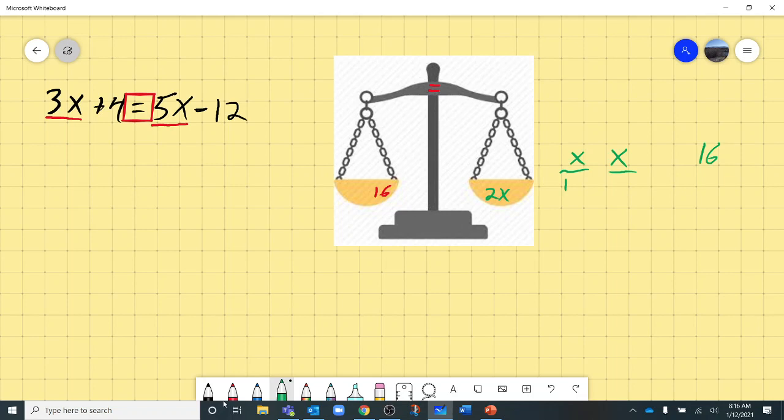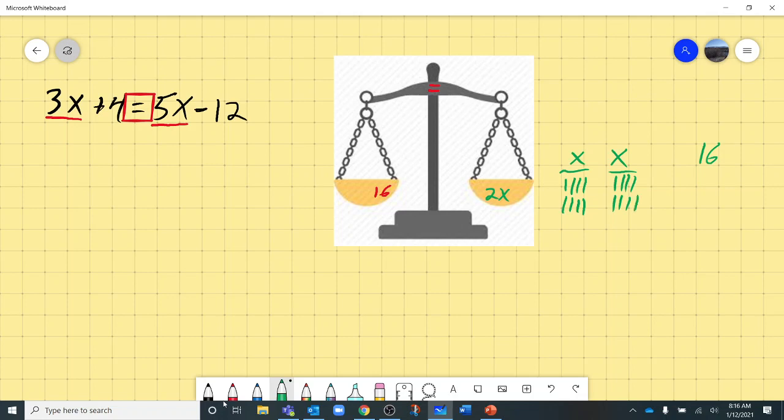So 1, 2, 3, 4, 5, 6, 7, 8, 9, 10, 11, 12, 13, 14, 15, 16.